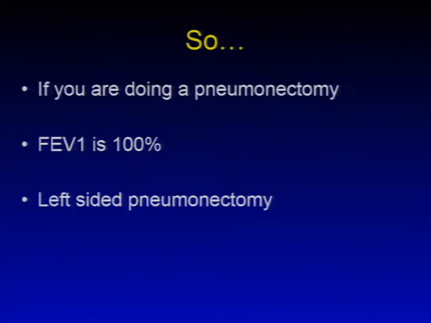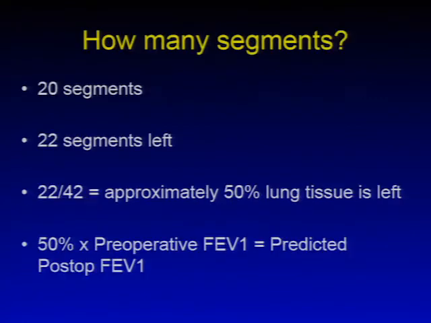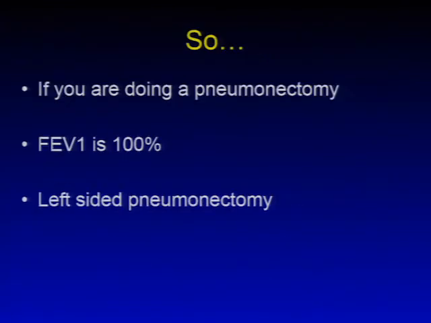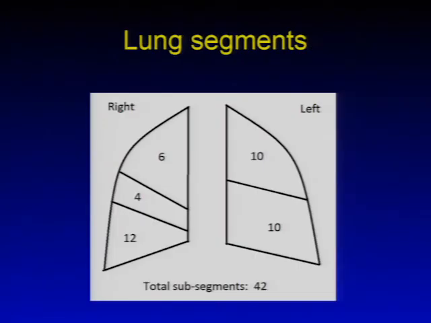Or more aptly put, and probably more simplified, if you're doing a pneumonectomy. Let's say you're doing a left-sided pneumonectomy, and the FEV1 is 100%. You're going to be taking out 20 segments.